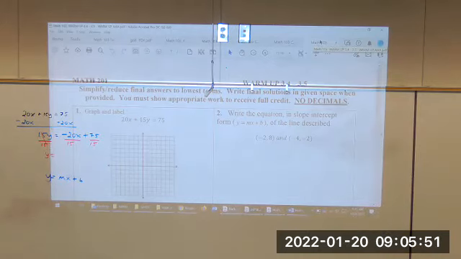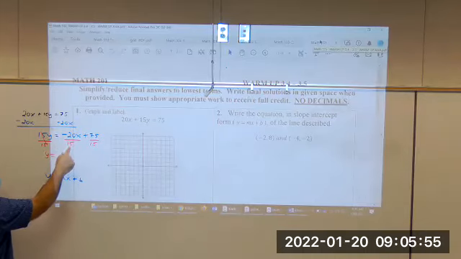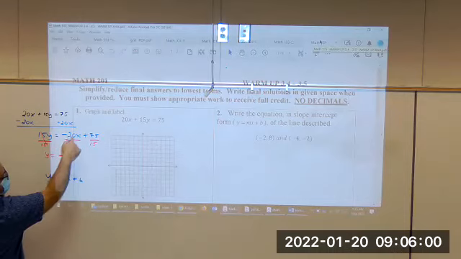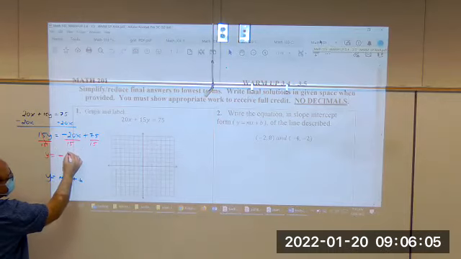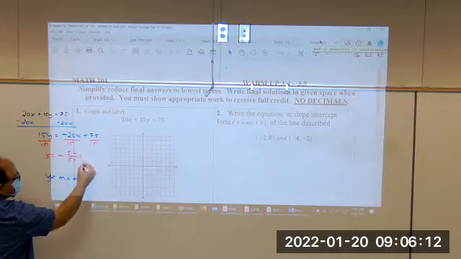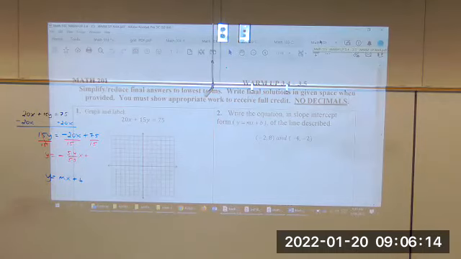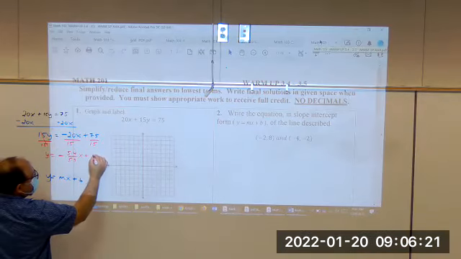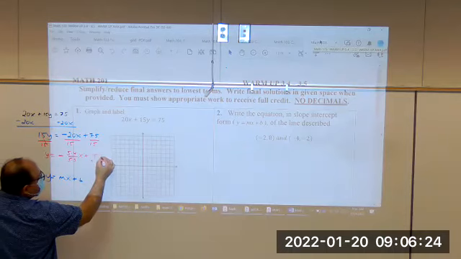If you can reduce the fractions, always reduce your fractions. A negative over a positive is going to be a negative. I'm going to show you how this reduces. This is 5 times 4 over 5 times 3. And then I have my x plus 75 over 15. 75 is 15 times 5.